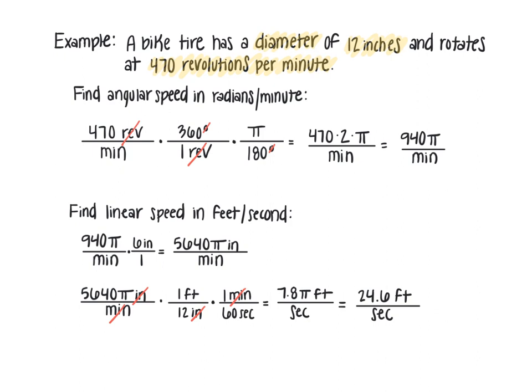Following this video is a handful of questions over angular and linear speed. Make sure you follow the different formulas. Always write out important information that's given to you in the question stem, and make sure you do dimensional analysis correctly.